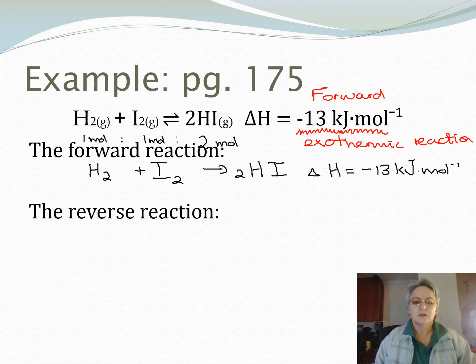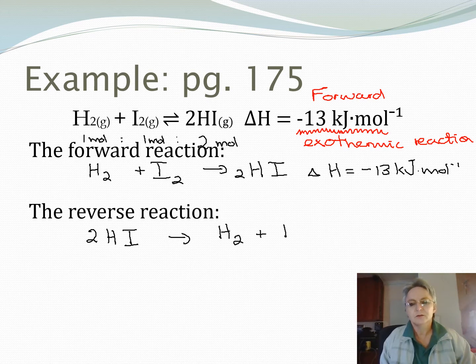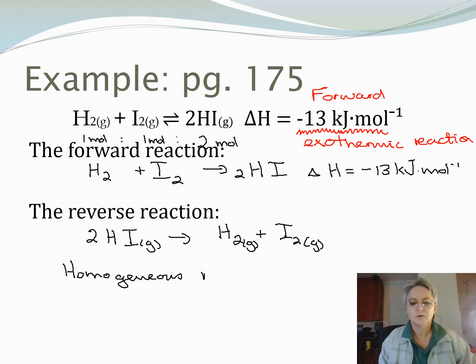The reverse reaction is the reaction where two hydrogen iodides decomposes to form hydrogen and iodine, and all these reagents are in the gaseous phase, so it's a homogeneous reaction mixture.